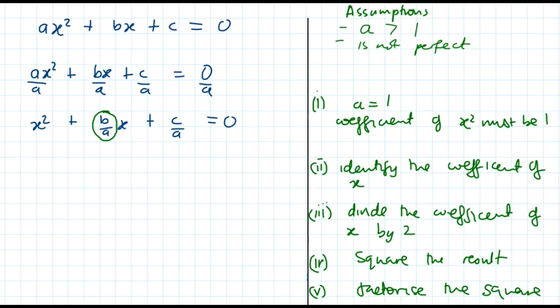Okay, so now we have completed the first step, which is here, so let's do the second step. So the second step, we have the third step, we did the first step here. This is the second step where we have to identify, and the third step we have to divide the coefficient of x by 2. So now it's b over a, let me use blue, b over a, we divide it by 2, right?